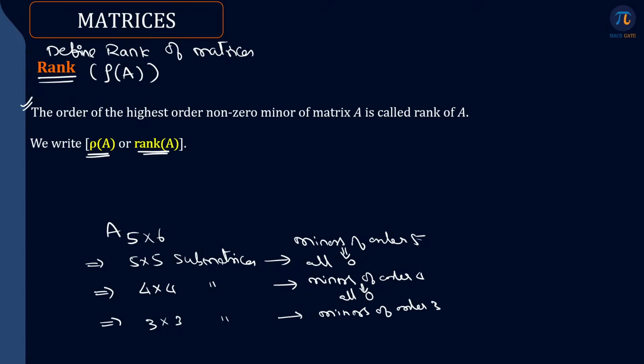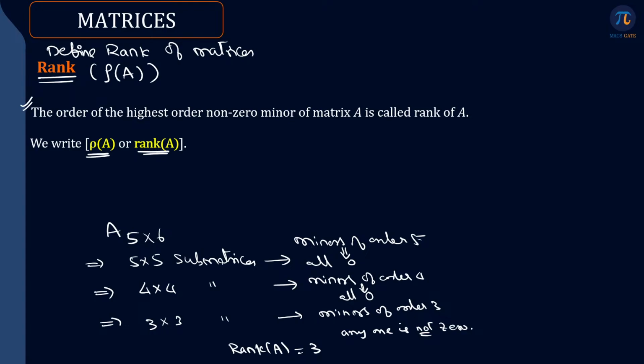If all of them are 0, you have to go for 2 by 2 submatrices. Suppose any one of them is not 0, then rank of A will be what? 3. So you have to start with the highest order minor.